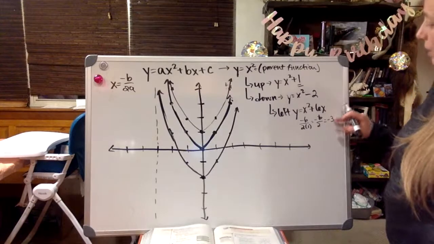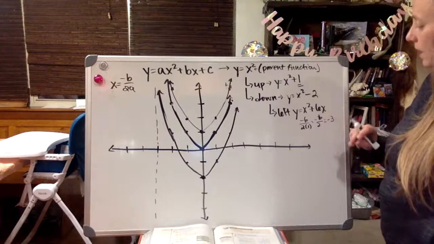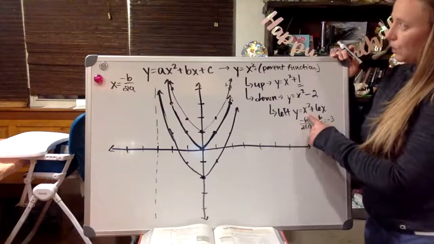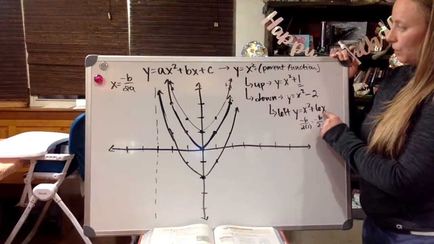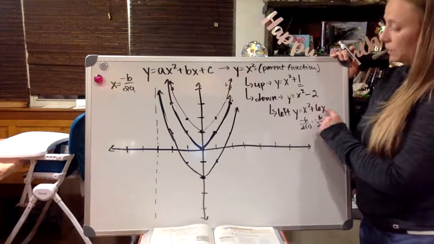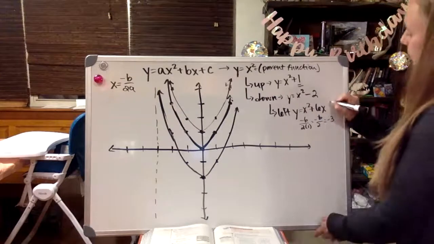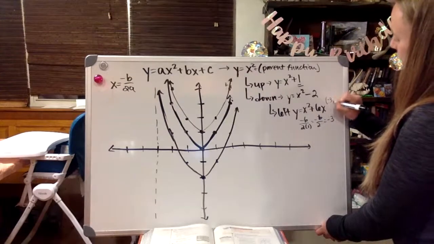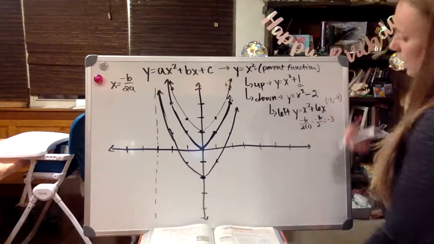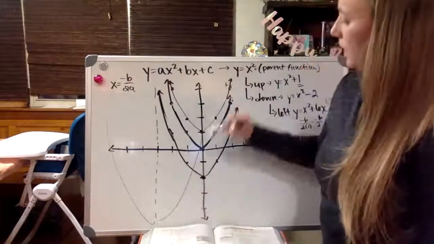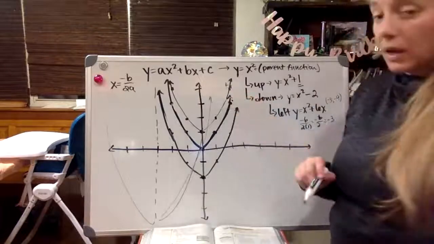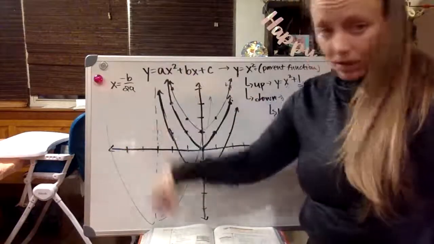So I now need to put this negative 3 in here. Negative 3 squared is a positive 9, plus 6 times a negative 3, which is negative 18. So 9 plus a negative 18 is negative 9. My vertex now is negative 3, negative 9. So it's all the way down here. I'm looking at a parabola that's going through here. I've now shifted to the left and I've gone down.